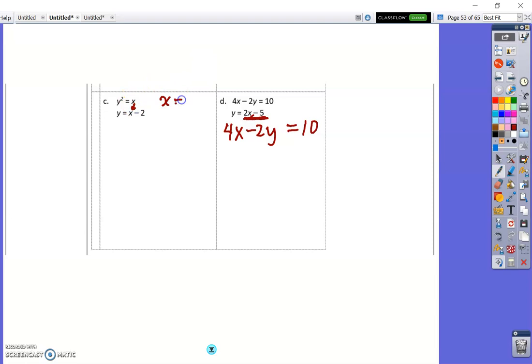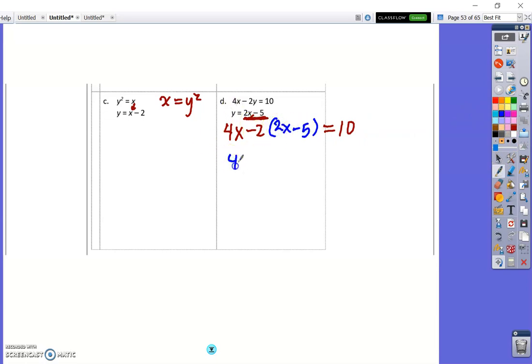So we can say x equals y squared. So what I'm about to do on this problem is replace y with 2x minus 5. So I'm going to remove y and replace it.